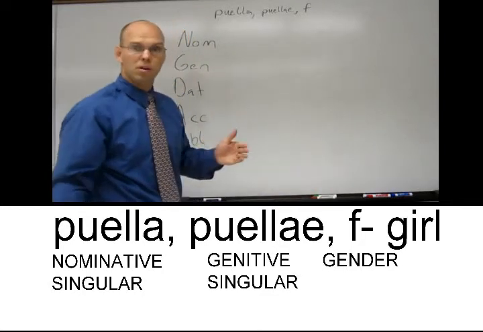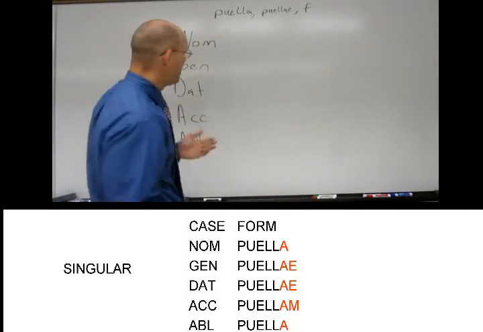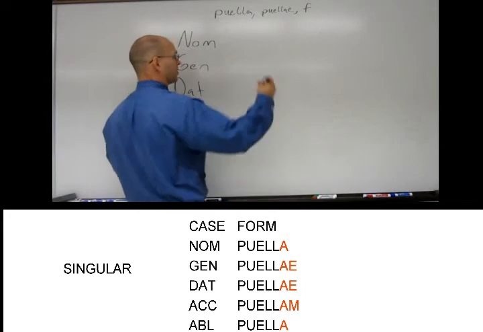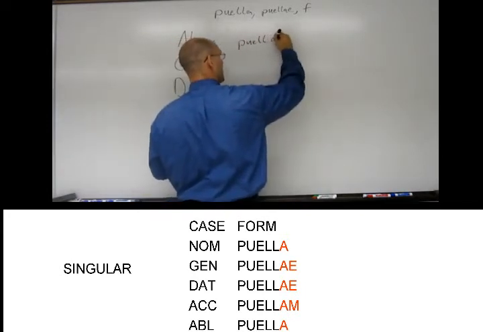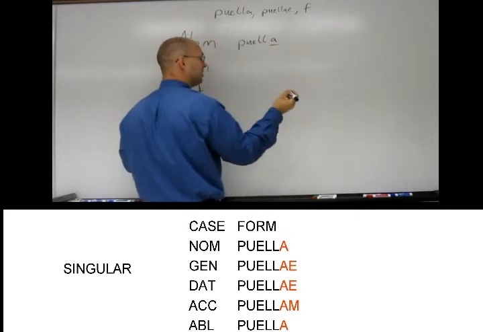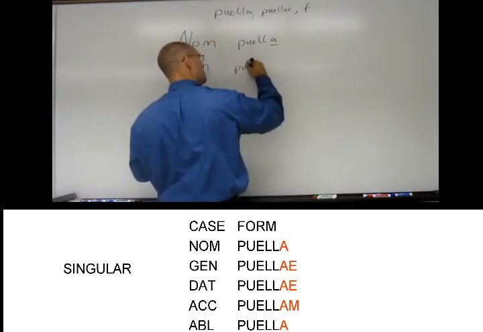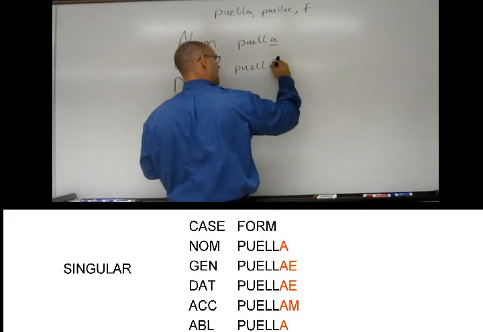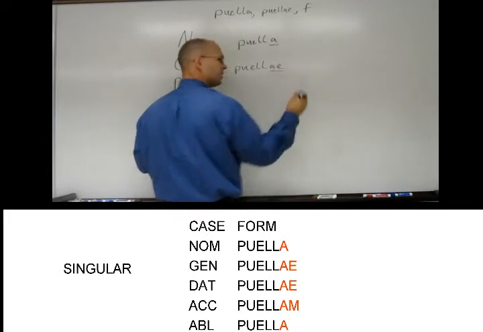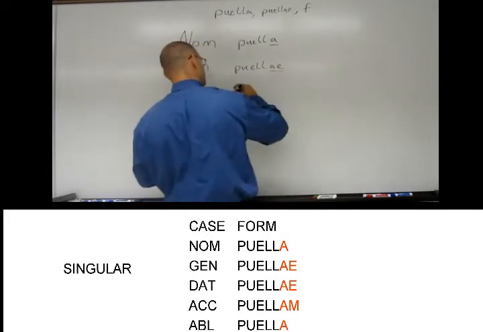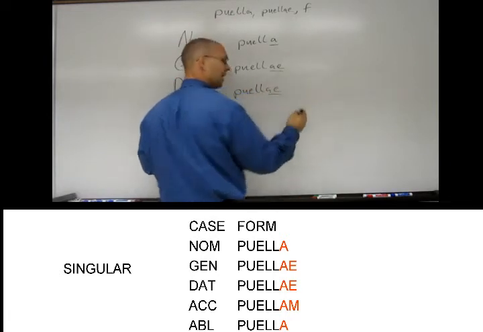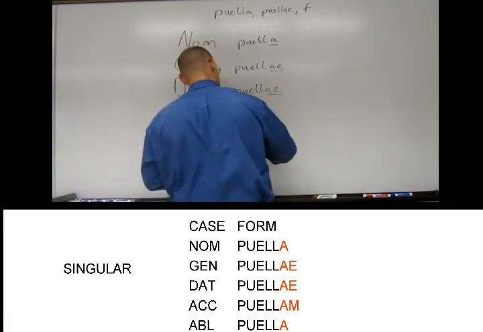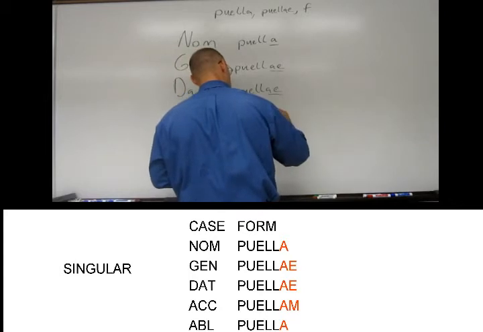And so the way the singular goes for the first declension is puella, with your ending as an A. Puellae, which is AE. Puellae again. Puellam.